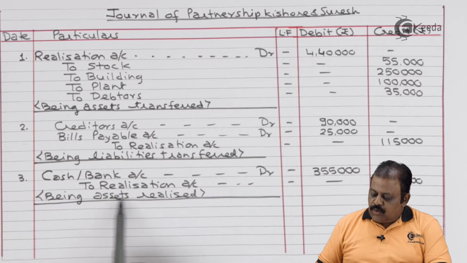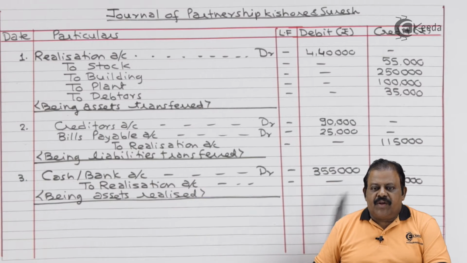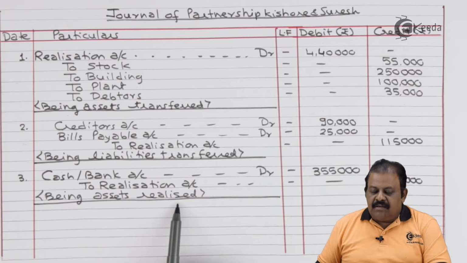Cash bank account debit to realization account 3,55,000, being assets realized.